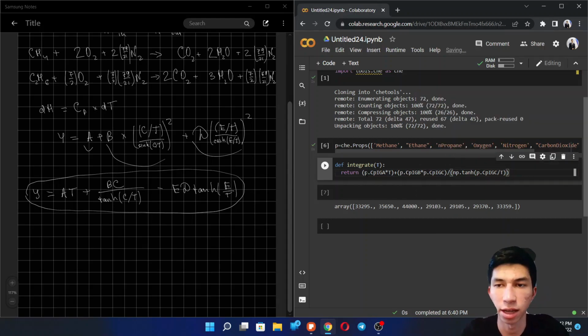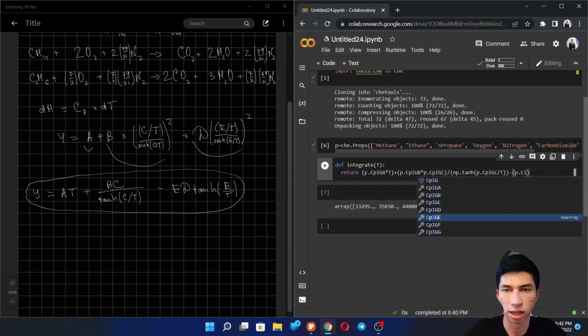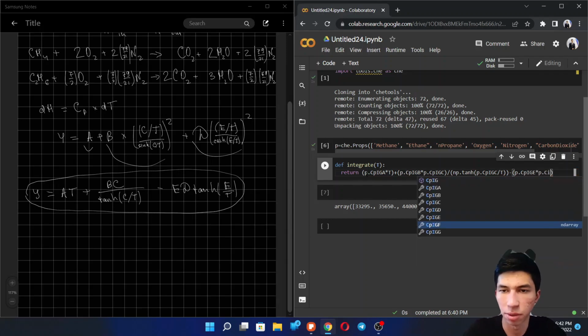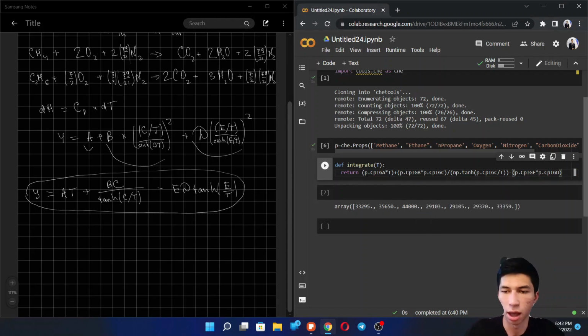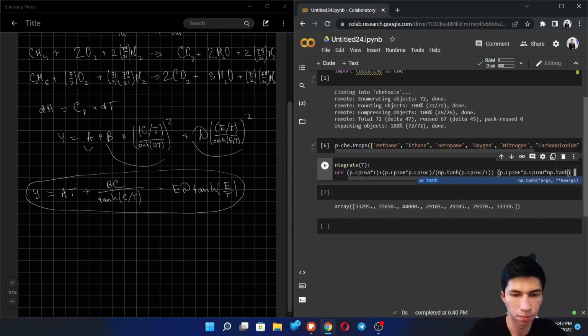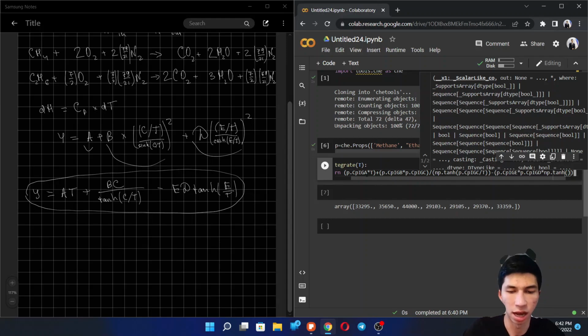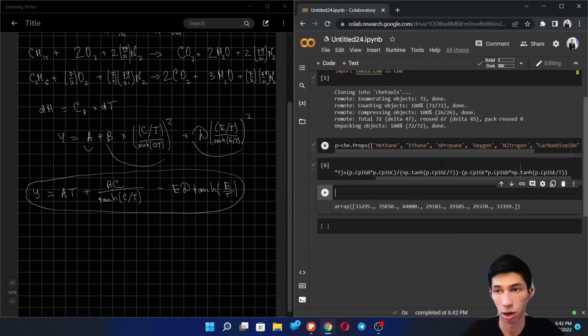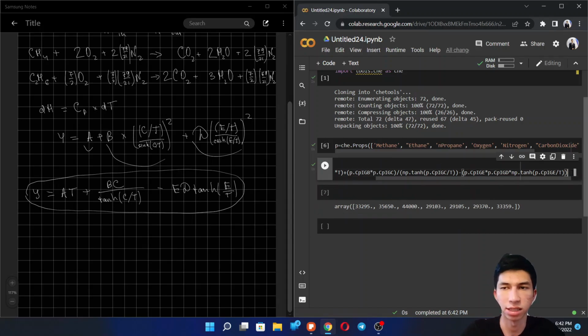So this is our second term, and our last term is P dot CPIGE, so that's E times P dot CPIGD, right? And times numpy hyperbolic tangent, and that's gonna be inside, so it's P dot CPIGE over T. Let's just run that. Here we go. Okay, so what's the next step we do?